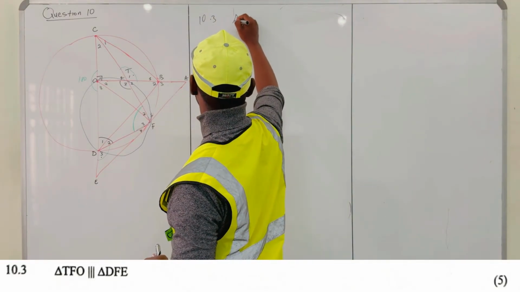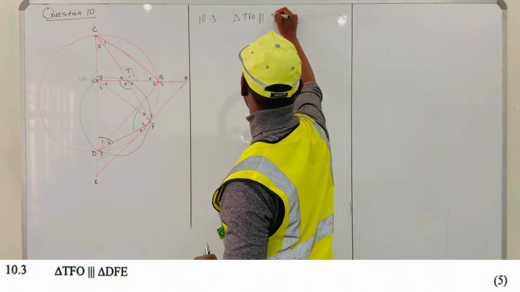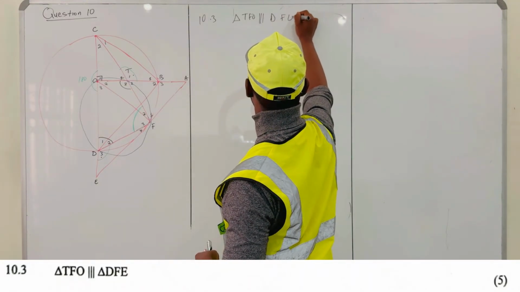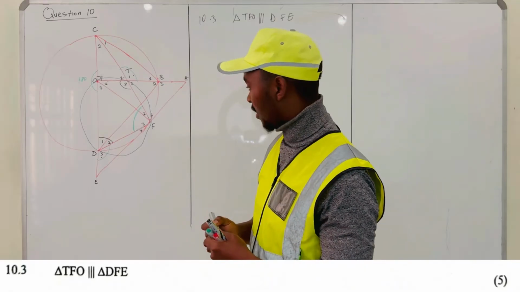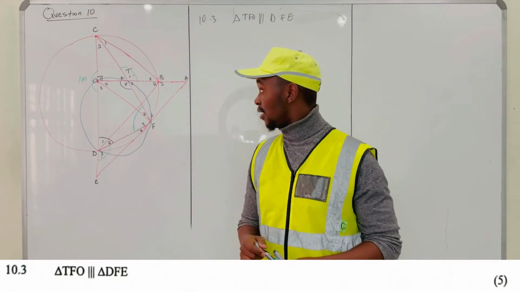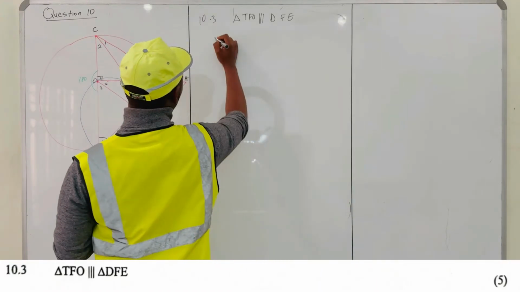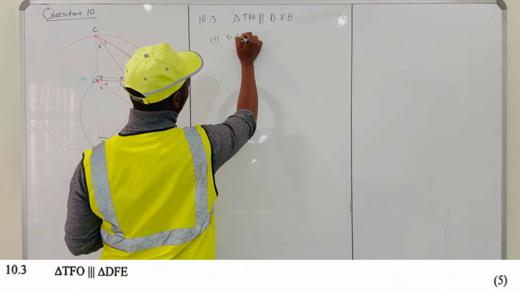We're asked to prove triangle TFO is similar to triangle DFE. Okay. To prove similar triangles, we can go for the sides that are proportional. Sides must be proportional.